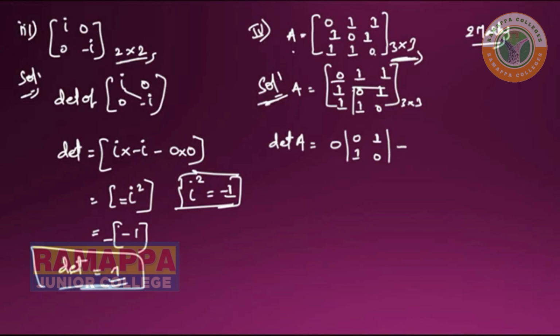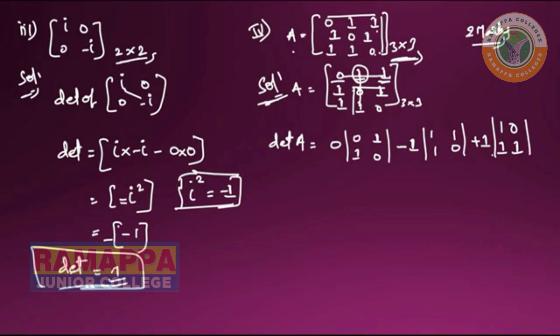So here 1 into, I will take 1 into, this row and this column leave, so the remaining 1 1 and 1 0 will come here. And again we have to take the place where 1 is there, so I'm taking that one here. So 1 1, this row and this column will go, so it will become 1 0 and 1 1 will come here.